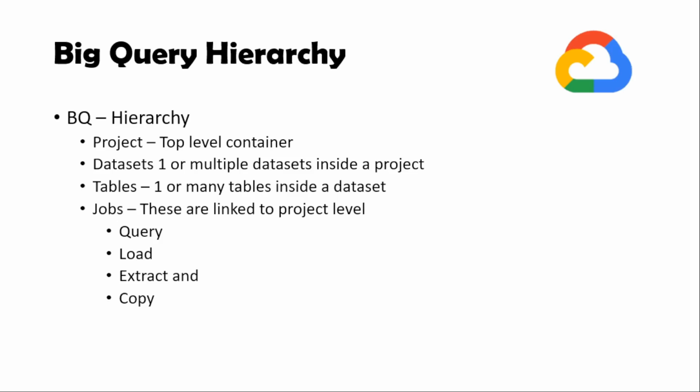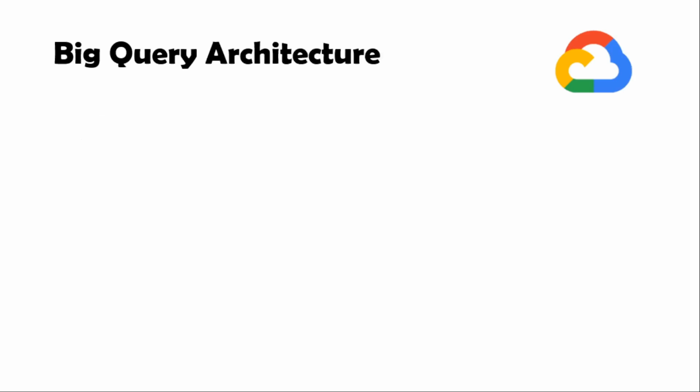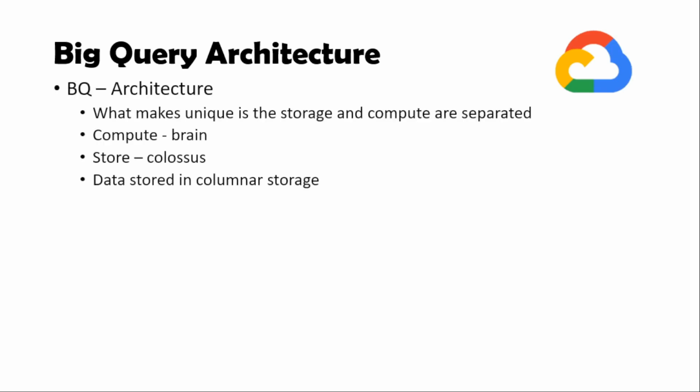The first aspect is the BigQuery architecture. So the big question here is, what makes BigQuery so unique in its architecture? The unique part of the BigQuery architecture is that the storage part and the compute part are completely separated. It is divided into two sections.